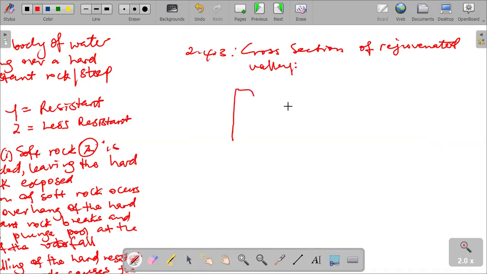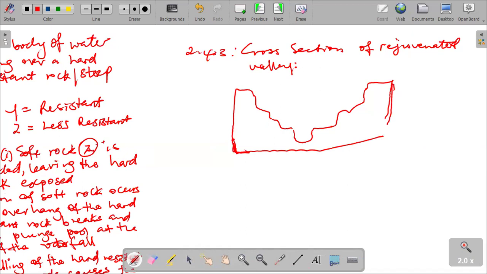The examiner is trying to see whether we understand the process of river rejuvenation. The examiner just wants us to quickly illustrate a diagram of this.